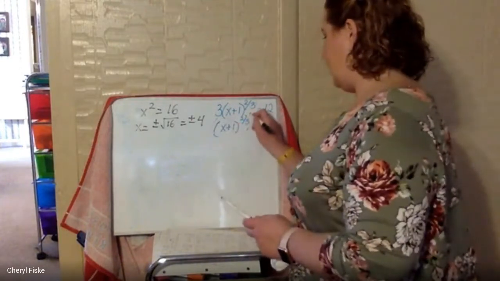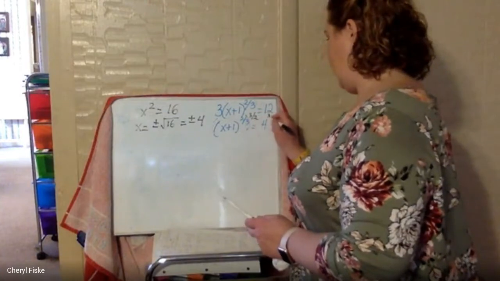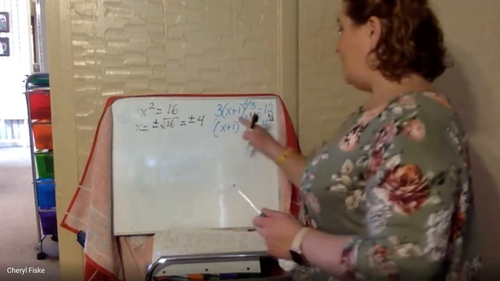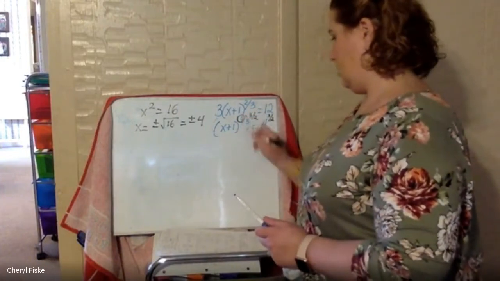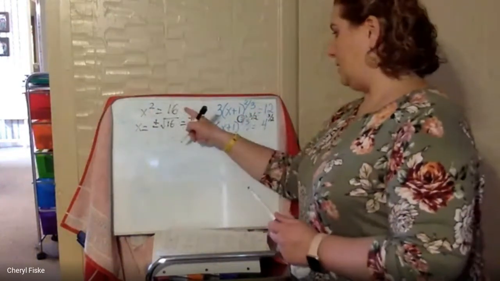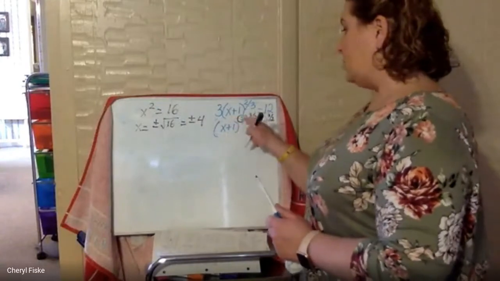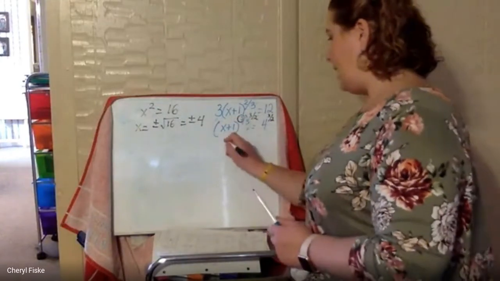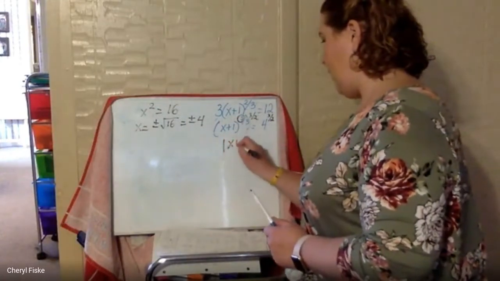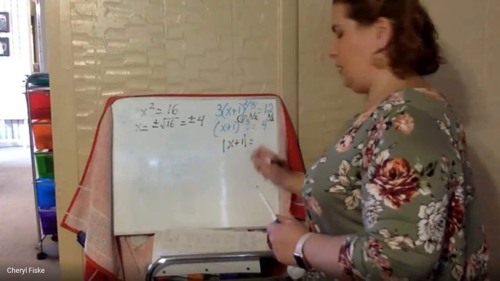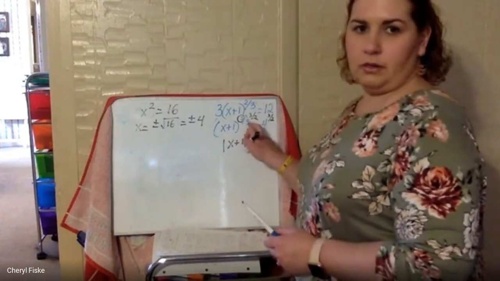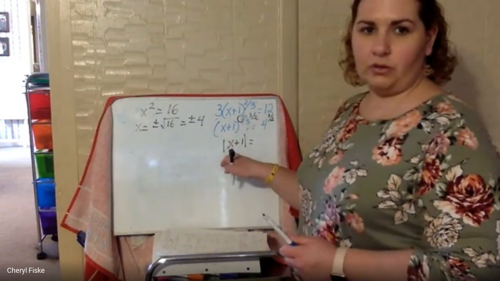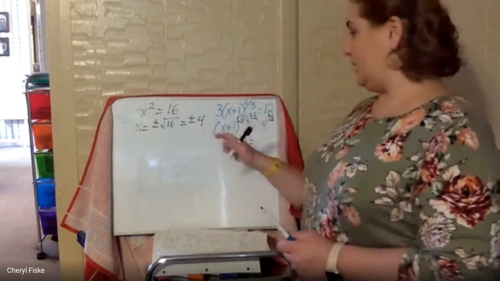When you raise it to the 3/2, and over here too, to the 3/2, because of this 2, like something squared is 16 and 2 is the power, what I end up with is the absolute value of x plus 1. Whatever you're raising to that power, you have to put the absolute value around because the power is even.